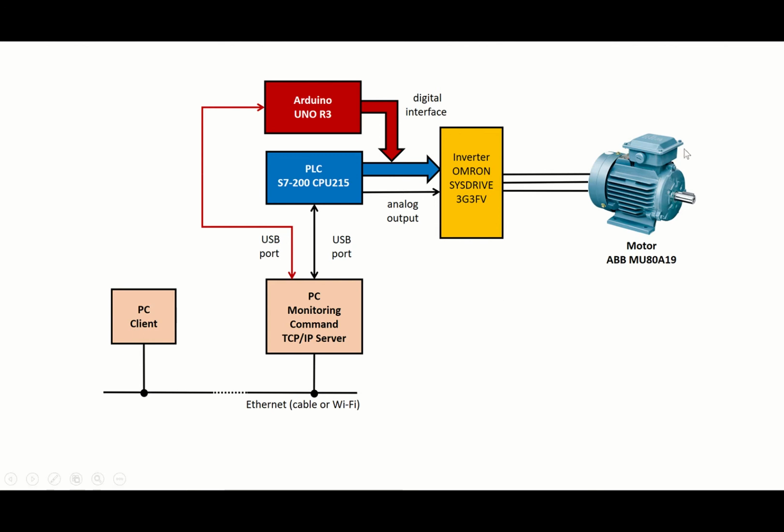So I use an induction motor and an inverter from Omron, a SysDrive module 3G3FV, which is a VF and vectorial inverter, very advanced, very good, with a digital interface and an analog interface.